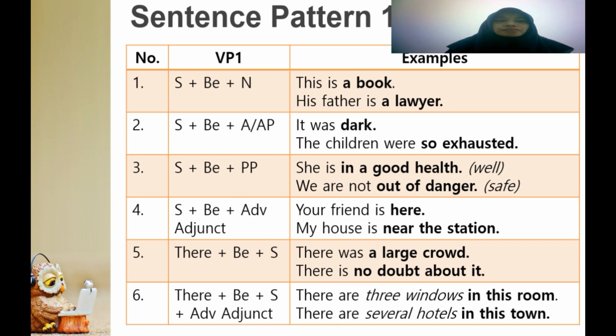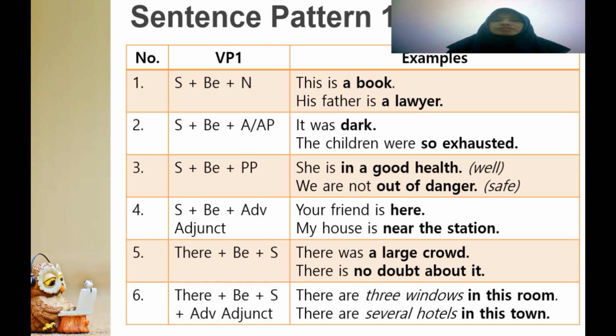And the fifth rule is the use of there and then be and subject. For example, there was a large crowd. So in this case, there is an inversion. Inversion is the change of position between the subject and the verb. Generally, you have the subject and then verb, right? But in case you have this kind of word like there, you have to invert the subject and the verb.